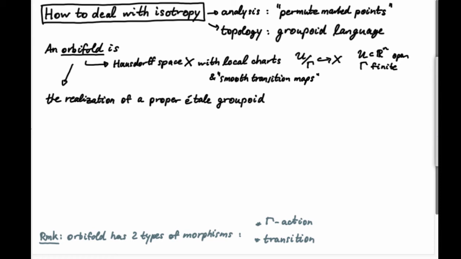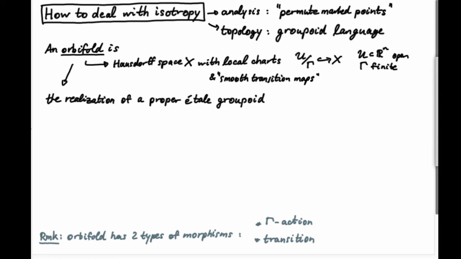And then you just have to make them Gamma invariant, so you can get back to open sets in R^n. This is the simplest example of groupoid language. And the mantra is going to be that once you have an abstract regularization theory that works without isotropy, you just pull that whole theory back into a groupoid language, and then you can deal with nontrivial isotropy that way. I'll try and say that a little more precisely. So, all right, there's a lot of words here.